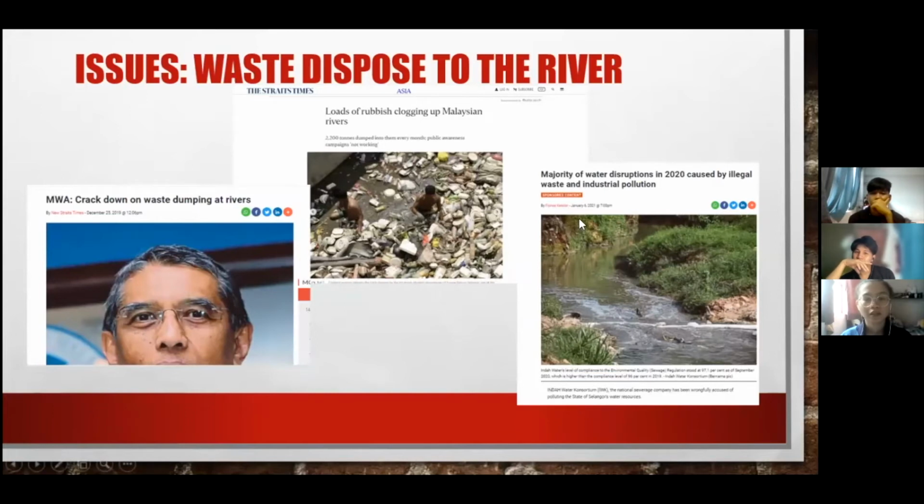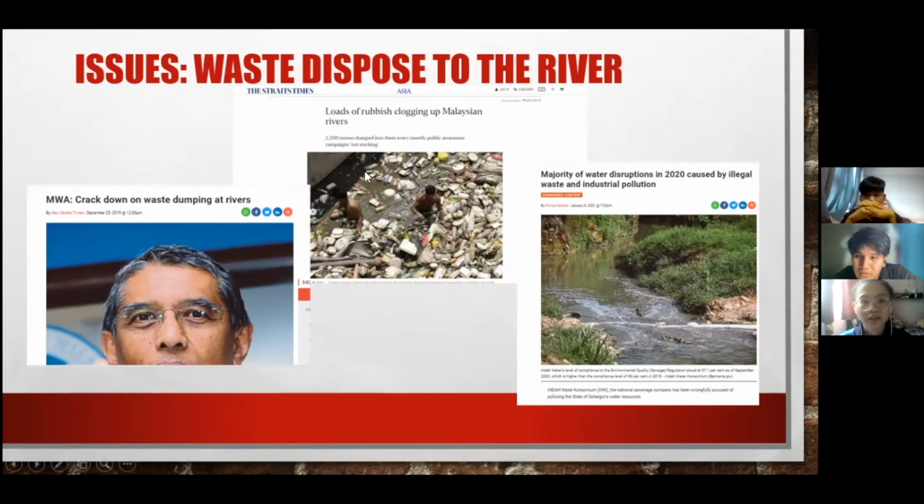This is the issue, the waste disposed to the river, which I got from online. First, MWA cracks down on waste dumping at rivers. MWA stands for Malaysian Waste Water Agency. They are checking who and which industries lead to the water pollutant.